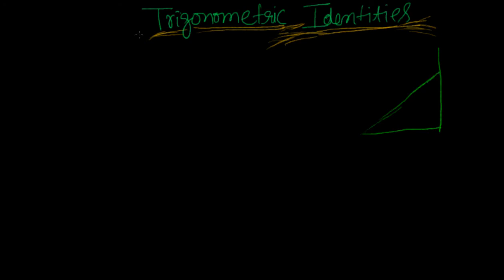This is a right angle triangle. Okay, let's give a name to it. This is A, this is B, this is C. Now since it's a right angle triangle, this angle is 90 degrees.